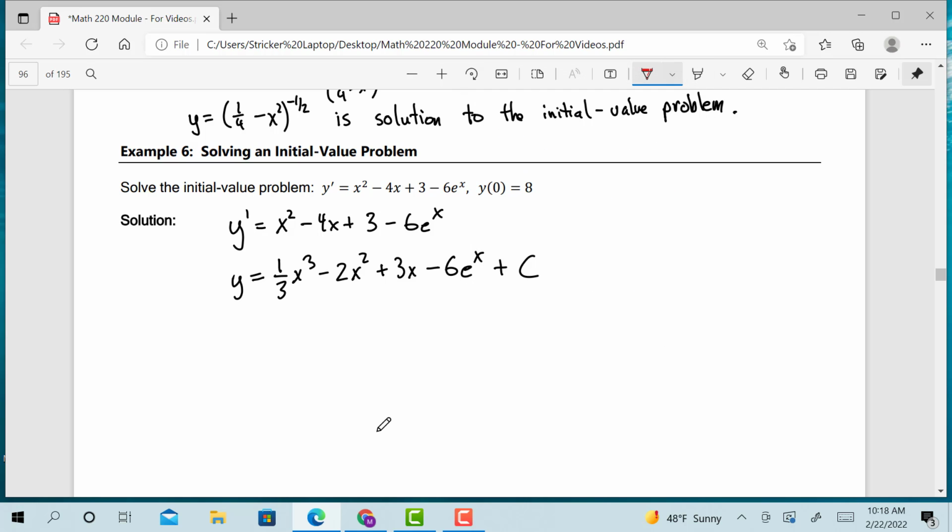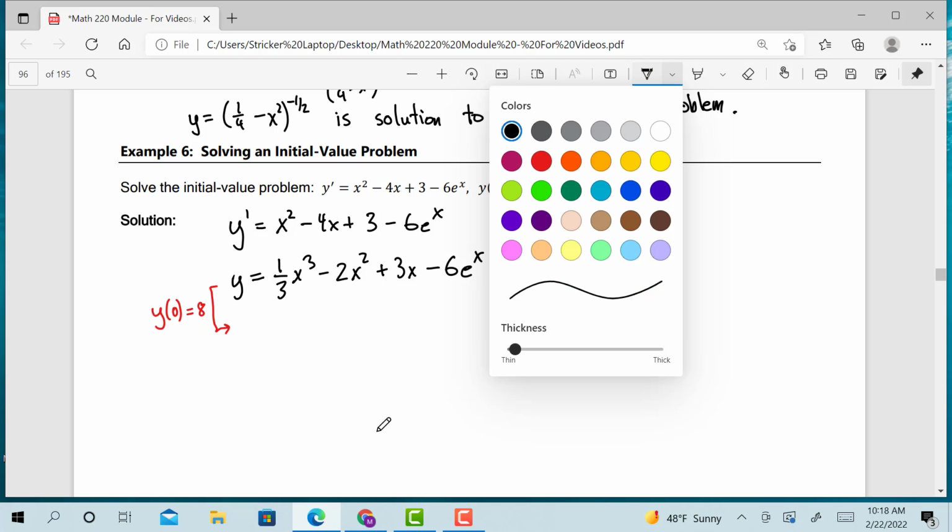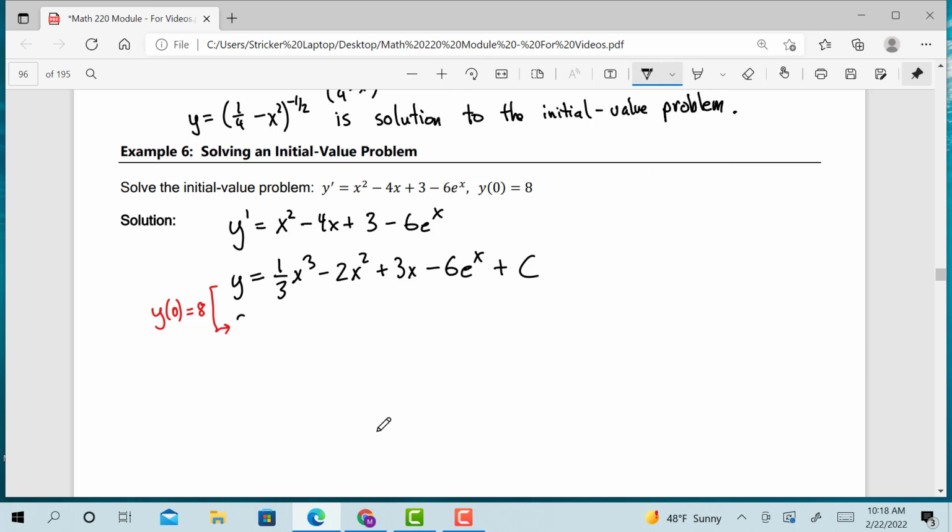Since we're solving, that means we want to find the particular solution, and we can because we have our initial condition, right? We know that y of 0 is equal to 8. So that means the y value is 8, and that's what we get when we plug in 0 everywhere for x. So we have 1/3 times 0 cubed minus 2 times 0 squared plus 3 times 0 minus 6e to the 0 power plus c.